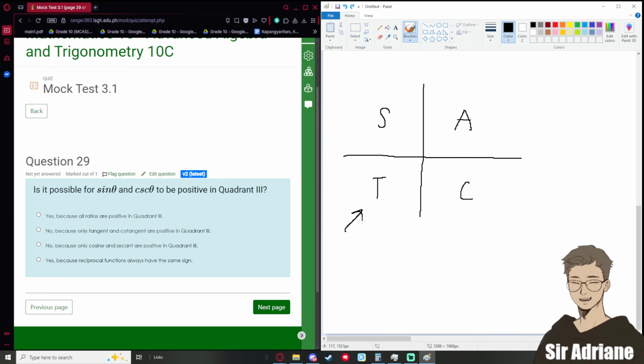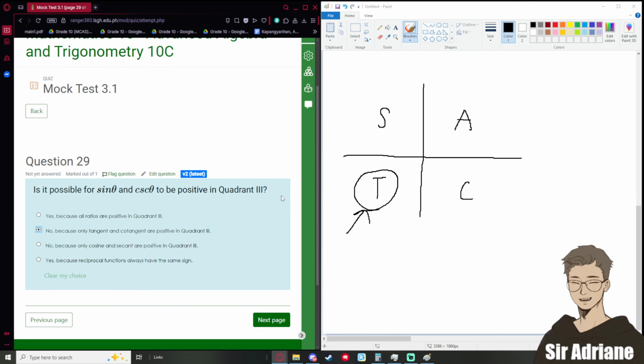In quadrant 3, only tangent and cotangent are positive. And in quadrant 4, only cosine and secant are positive. So is it possible for sine and cosecant to be positive in quadrant 3? The answer is no, because only tangent and cotangent are positive in quadrant 3. So the correct answer is this. So no, because only tangent and cotangent are positive in quadrant 3.